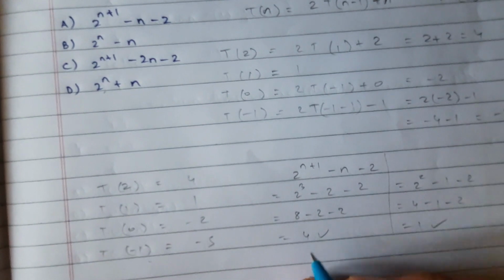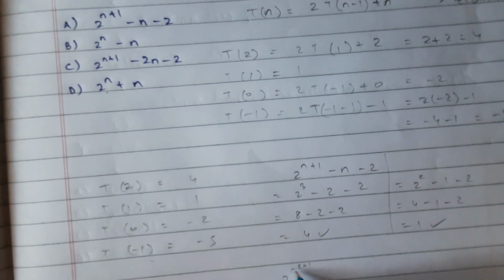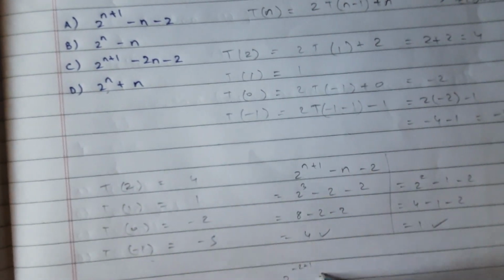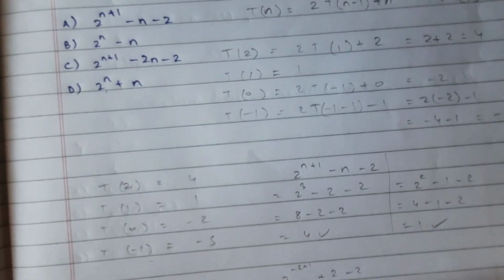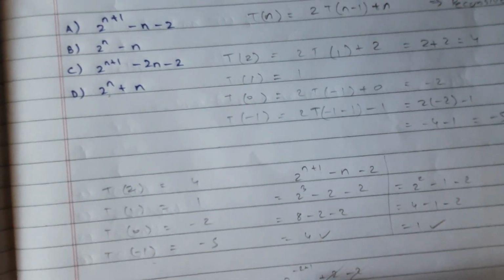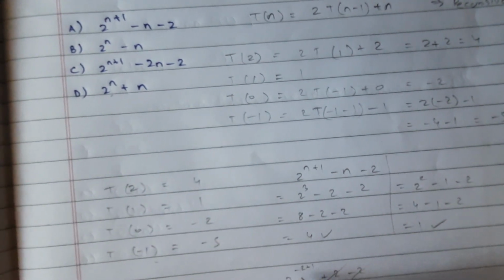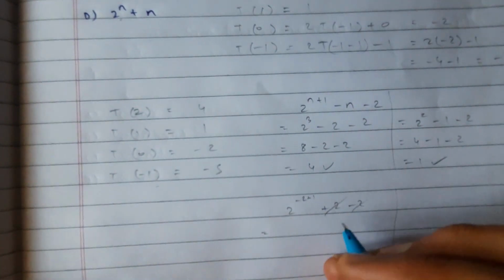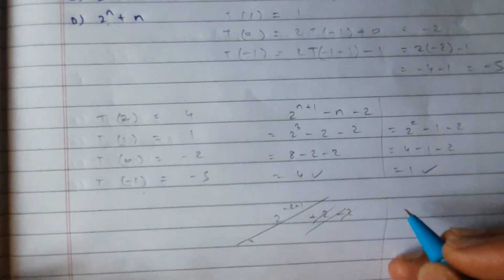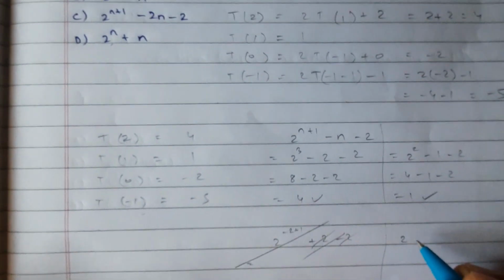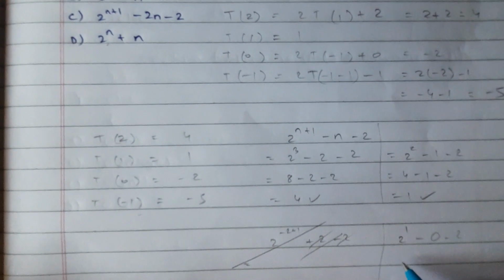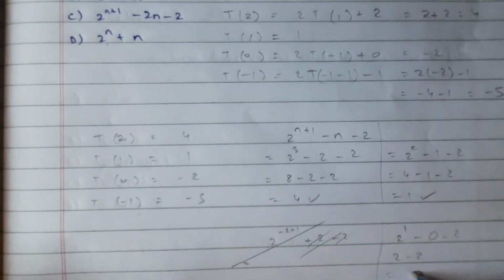Sorry, I made a mistake here. Now we have to check for n equal to 0, that is 2 raised to 0 plus 1, that is 1, minus n which is 0, minus 2, that is 2 raised to 2 minus 2, which is 0.